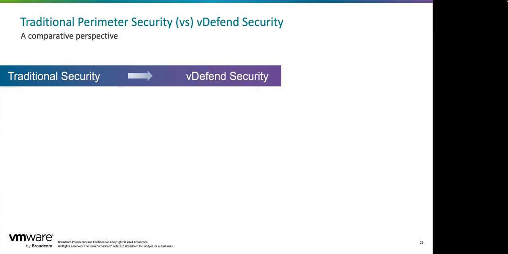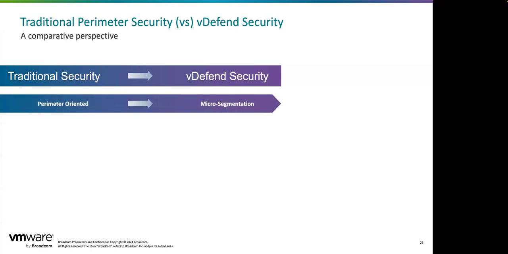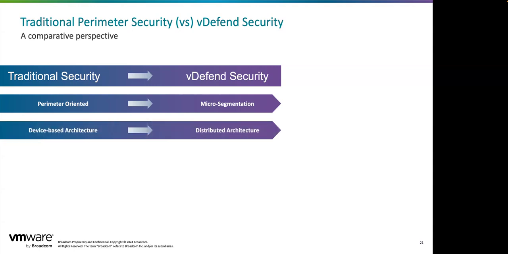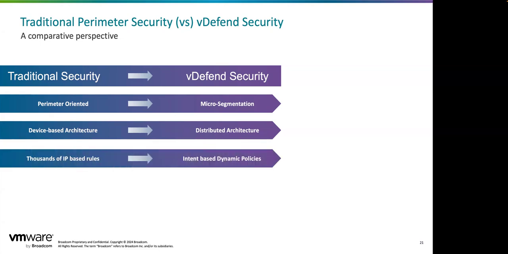In summary, let's do a quick comparison. Traditional security versus vDefend. Traditional security is often perimeter oriented, whereas vDefend security is segmentation or micro-segmentation oriented. Traditional security is often device-based architecture versus vDefend being distributed architecture.